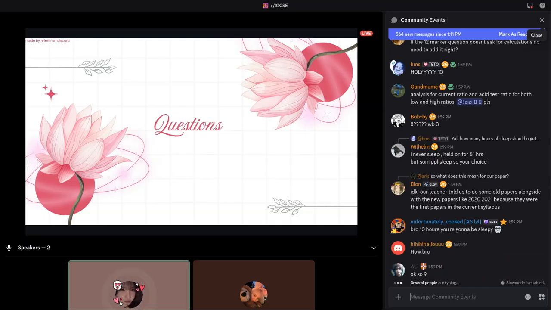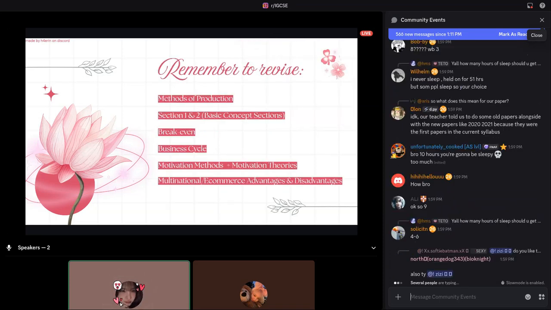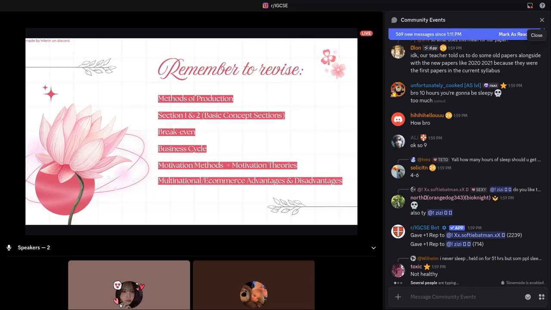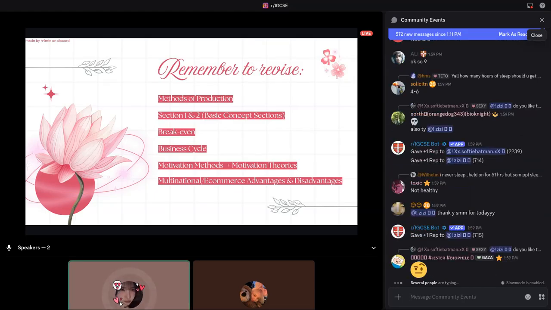Analysis for current ratio and asset test ratio for both low and high ratios. I think I discussed that before somewhere. Or did my PC crash? Oh my god.